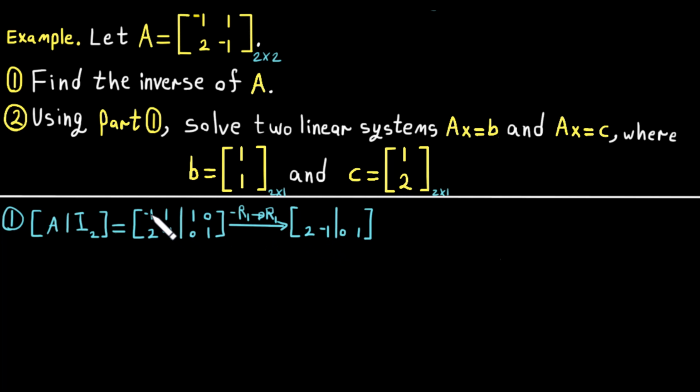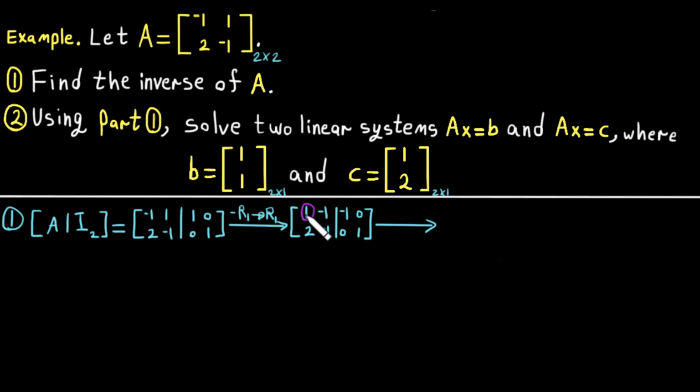Here it will be 1, because we multiply by -1 for the whole row. Here it will be -1, -1, 0. Here, this one, they call it a leading one or a pivot. So now here we have to make this one 0.